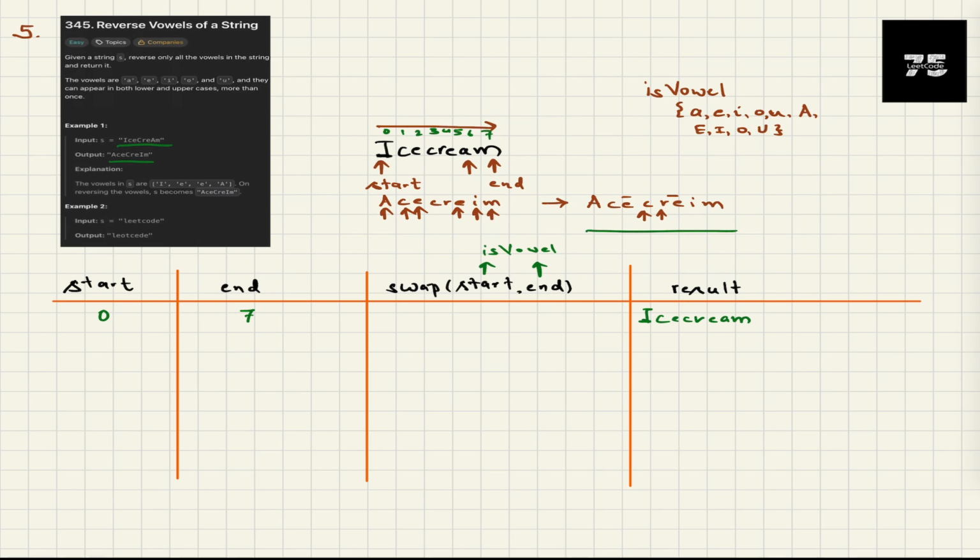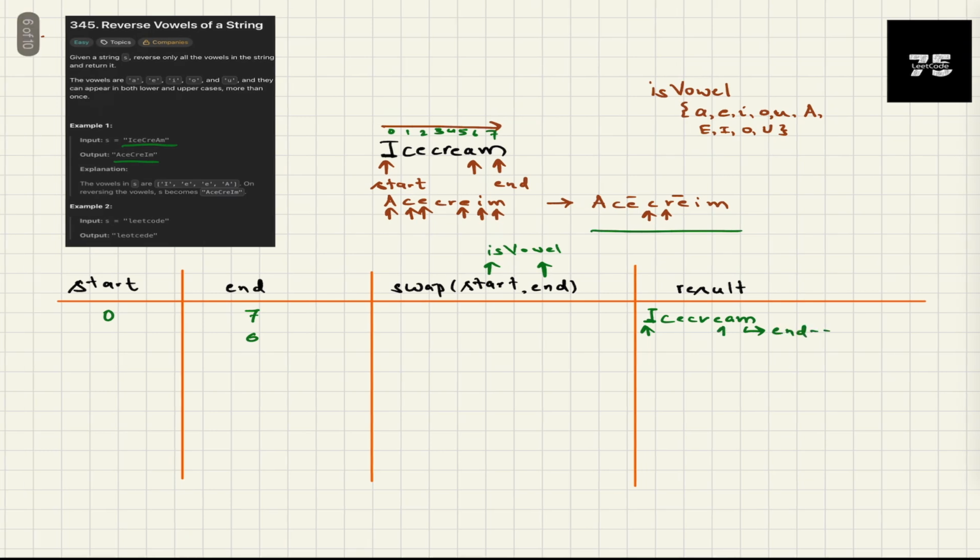Yes, it is. So my start will still be pointing to the same thing. Now is my M a vowel? No, it is not. So I'm going to do end minus minus. See, this is not a vowel, so I'm going to do end minus minus. Now my end will be pointing to this.